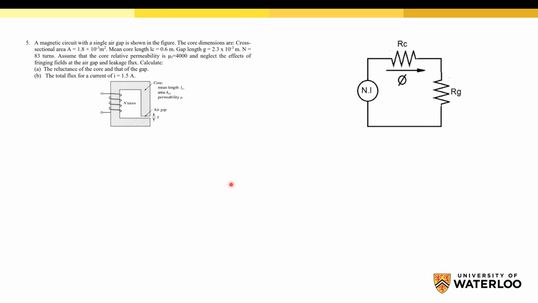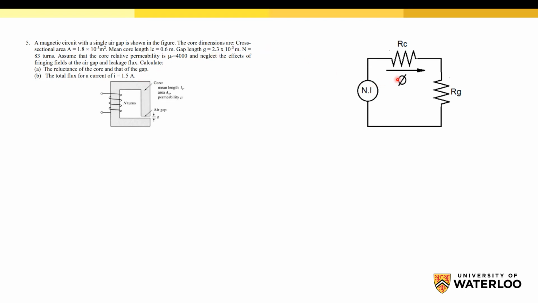Now, in order to calculate the total flux for this current, we need to go to the equivalent circuit. We know these two reluctances. We know the voltage source because we know the current and the number of turns.